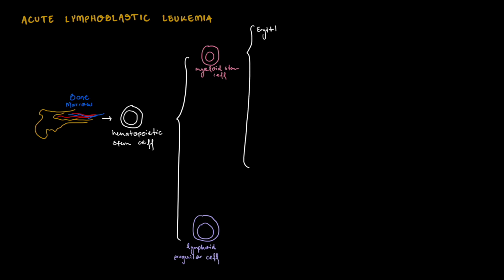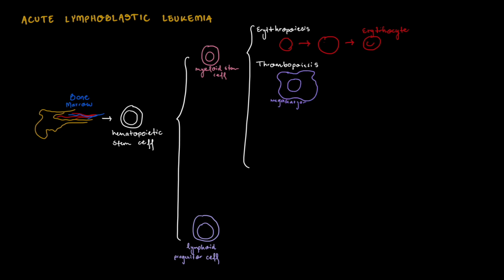The myeloid stem cell results in erythropoiesis, with the end result being mature erythrocytes. These cells carry oxygen. Also, we have thrombopoiesis. Megakaryocytes divide into platelets.